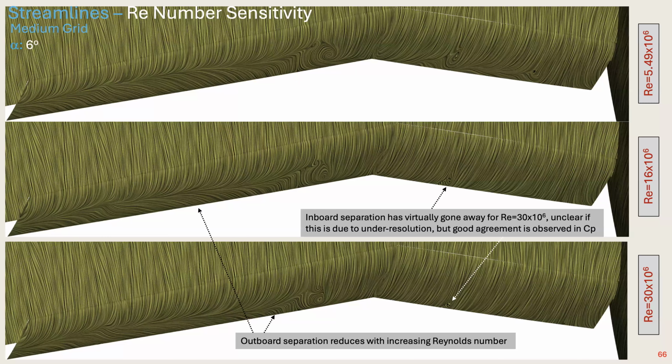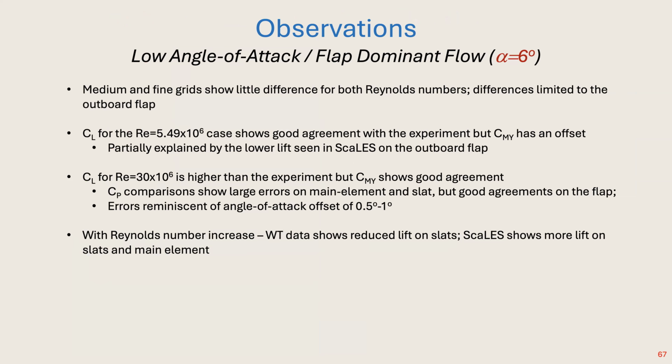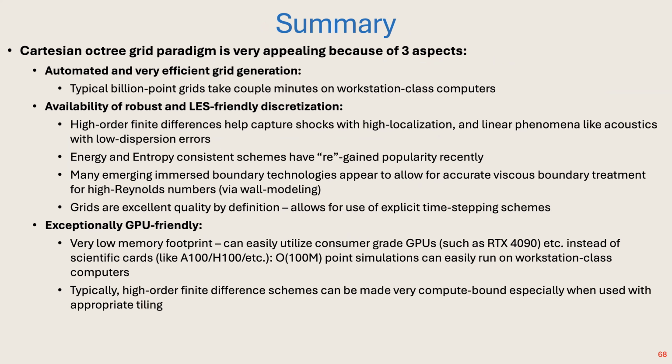Okay, and these are the conclusions, pretty much similar. We show good agreement, but there are some discrepancies. And then the summary in the big picture: I think we demonstrated that the Cartesian octree grid paradigm could be very appealing with three aspects.